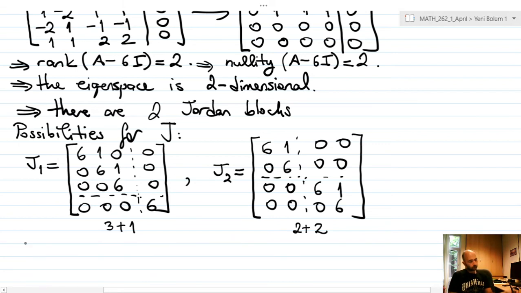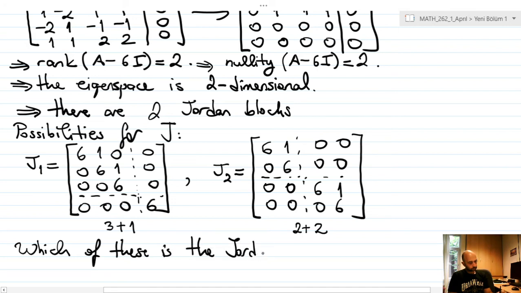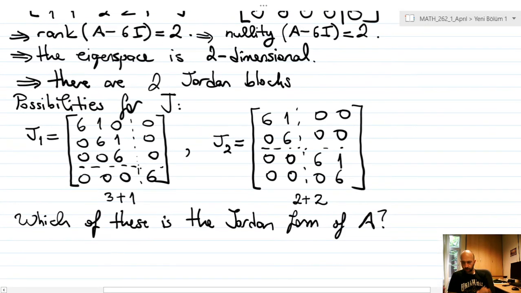Okay, so which of these is the Jordan form of A? We have to answer this question.